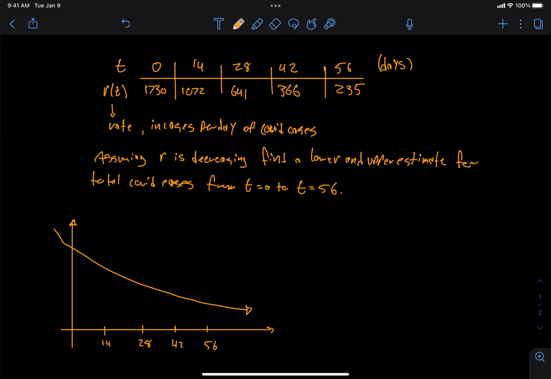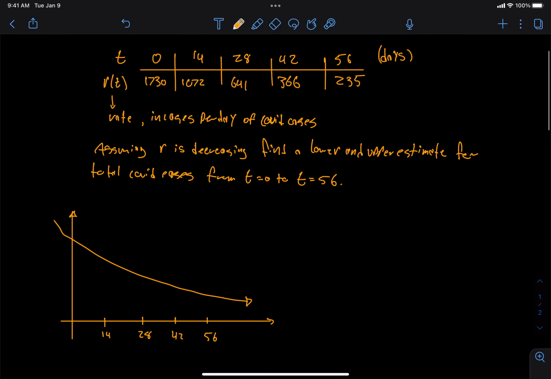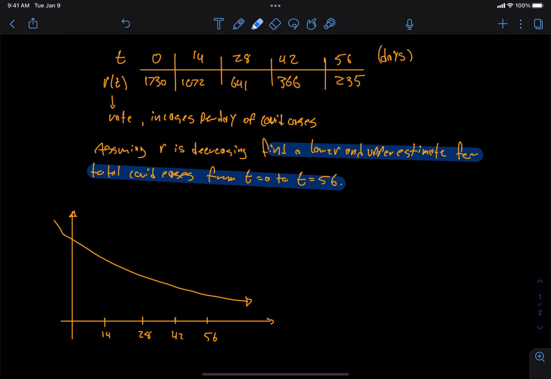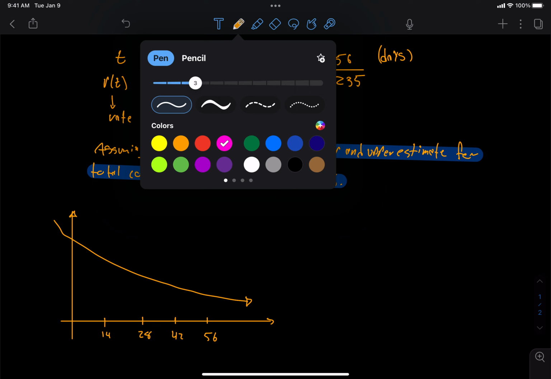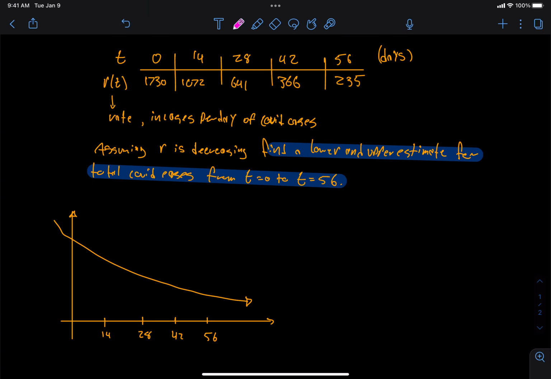Okay, now I should ask myself, what am I actually trying to do? It says, find a lower and upper estimate for the total COVID cases from T equals 0 to T equals 56. Let's translate that into what it means for this graph.